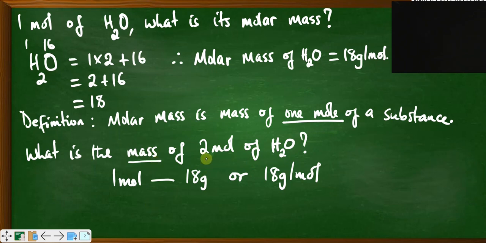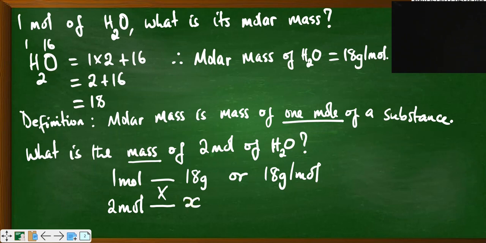They've given you 2 moles, so you say 2 moles, then what is the mass? On this side you put x. Because 1 mole is 18 grams, then 2 moles, what is the answer? You do cross multiplication.